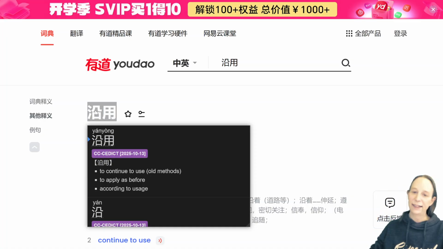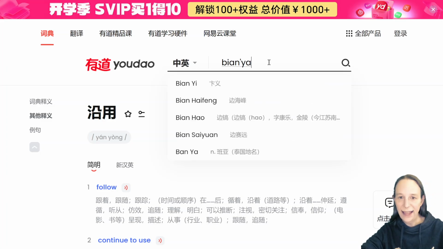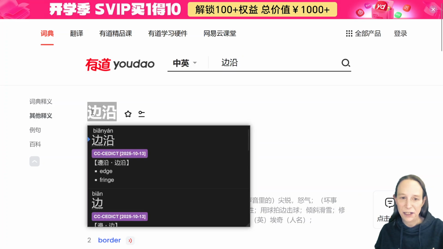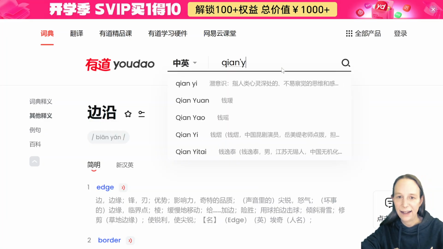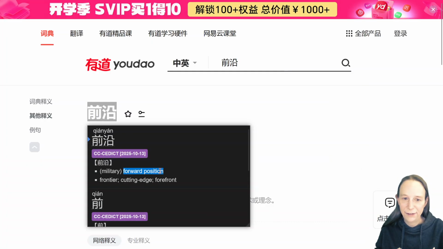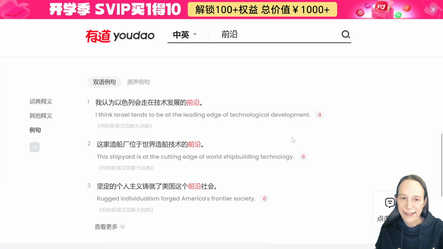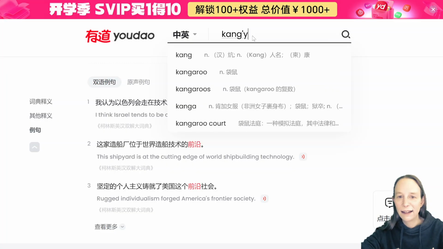All right. Then there's another meaning for 边, edge. 边沿, edge. So that's just edge, but 前沿. So this would be like front edge or something, this forward position, frontier, forefront. 前沿. Yeah, I've seen this word before actually. And what's that? 炕沿.